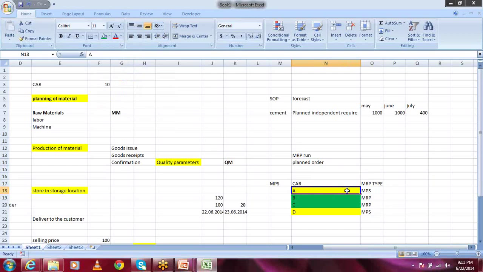There is no thumb rule. It is not that if it is repetitive you only use MPS, and if it is discrete you only use MRP. It depends on the business, the client's requirement and the importance of the materials. Based on that we will define this.